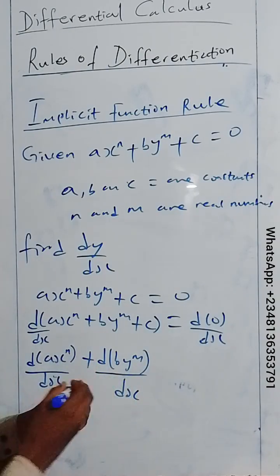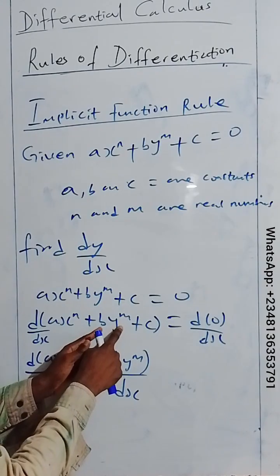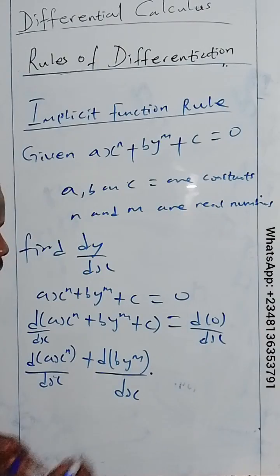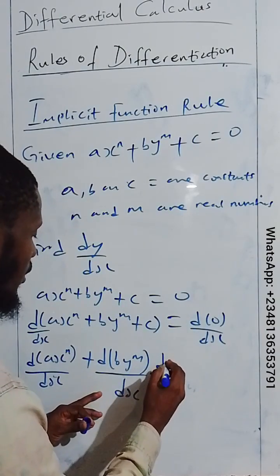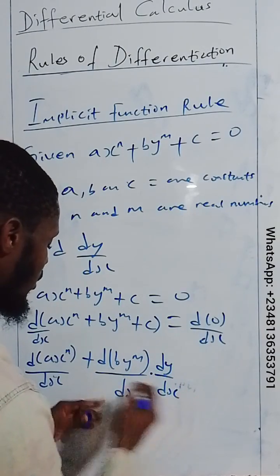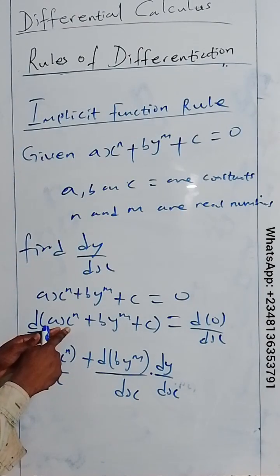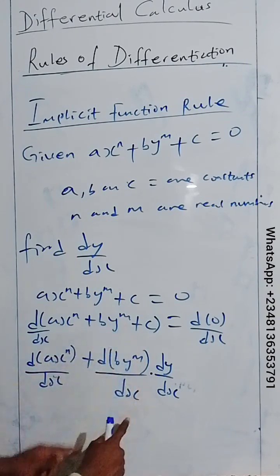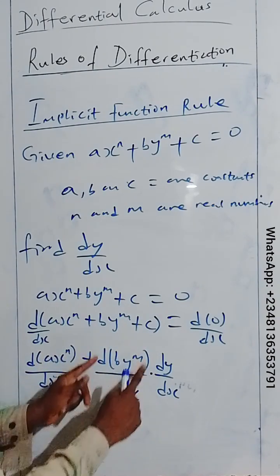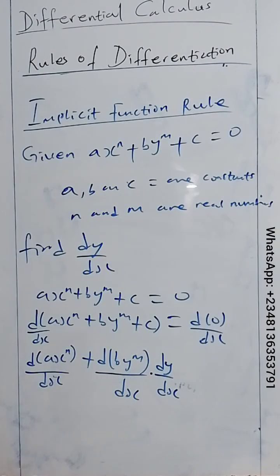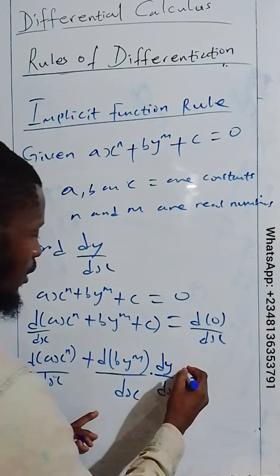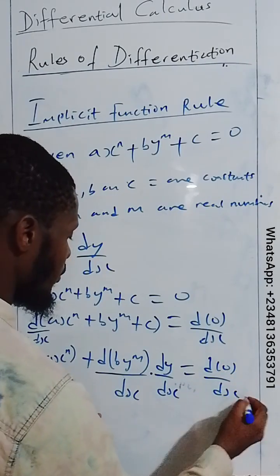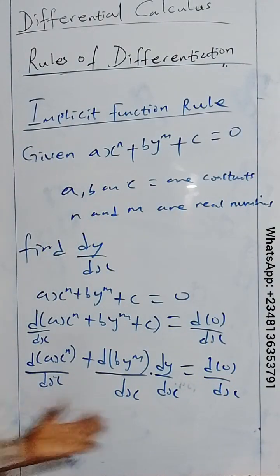But here, because this component carries y, we multiply by the derivative dy/dx. We do not put it on the first one because that one carries x. We multiply dy/dx by the component that carries y. If we have more than one component that carries y, we do it for each of these components. Then plus dc/dx, equal to d0/dx.